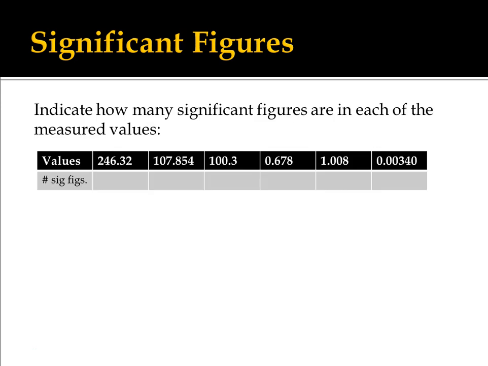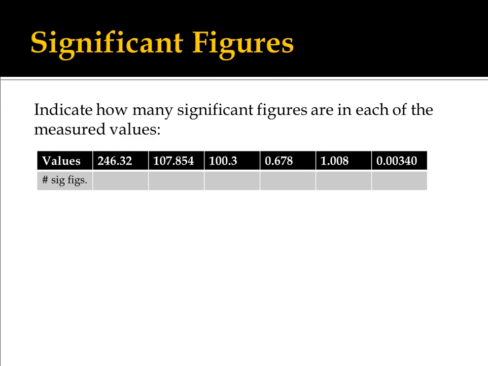So if you look at this table here, try to estimate how many significant figures are in each of these measured values. So for 246.32, that's pretty obvious that there would be 5 significant figures. In 107,000.854, there are 6 significant figures there.